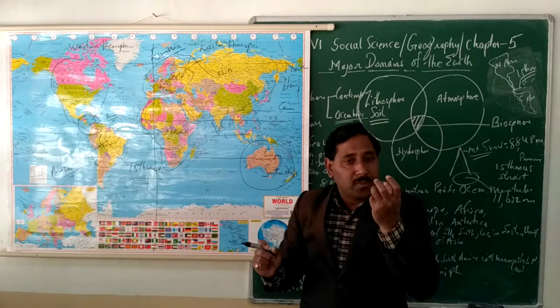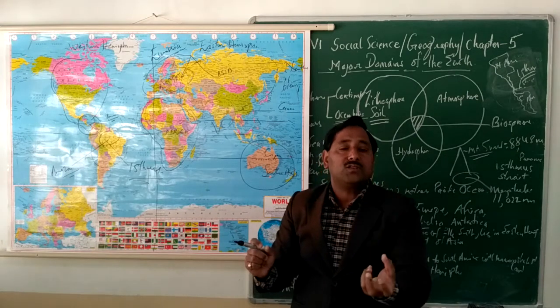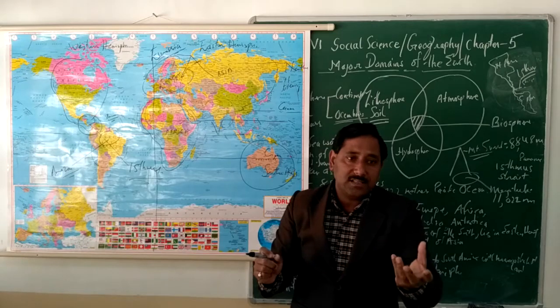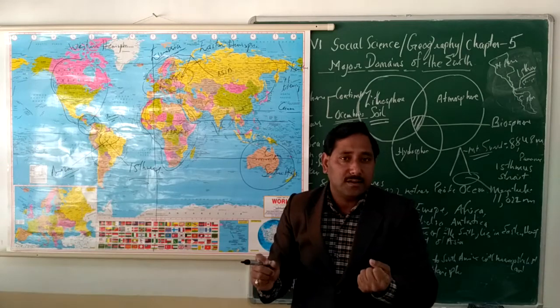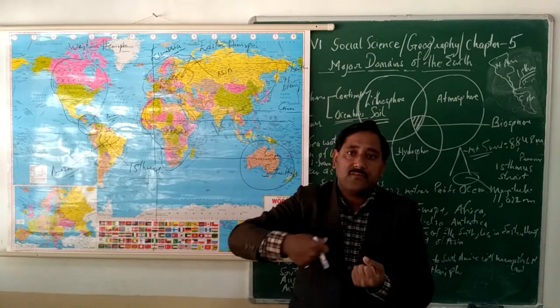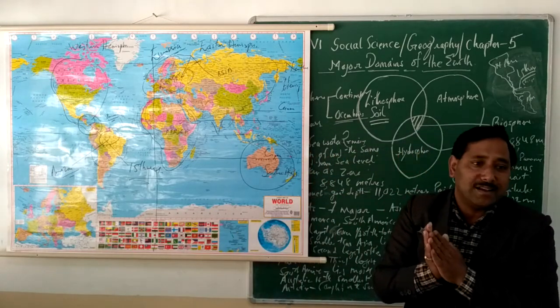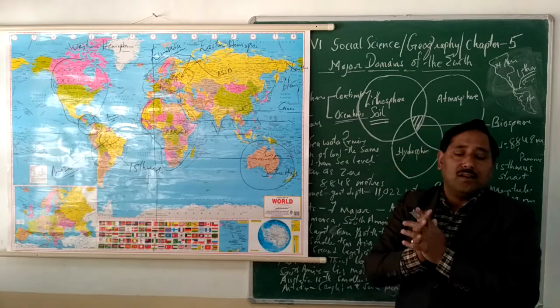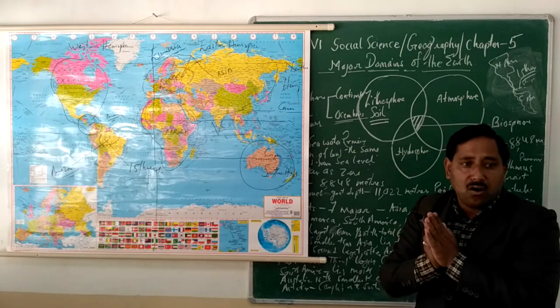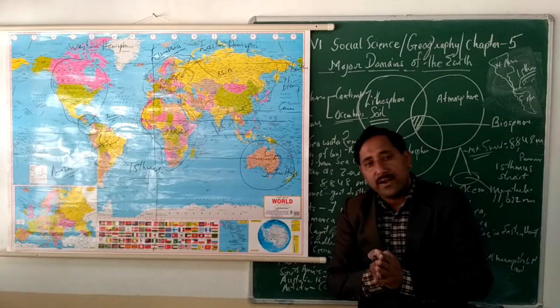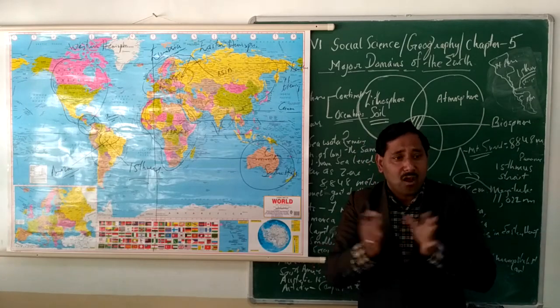So if a piece of land, whether it is a region or continent or country, is bounded from all sides by water bodies, what can you call it? If it is surrounded on all sides by the ocean, what do you call it? Yes, you are right.